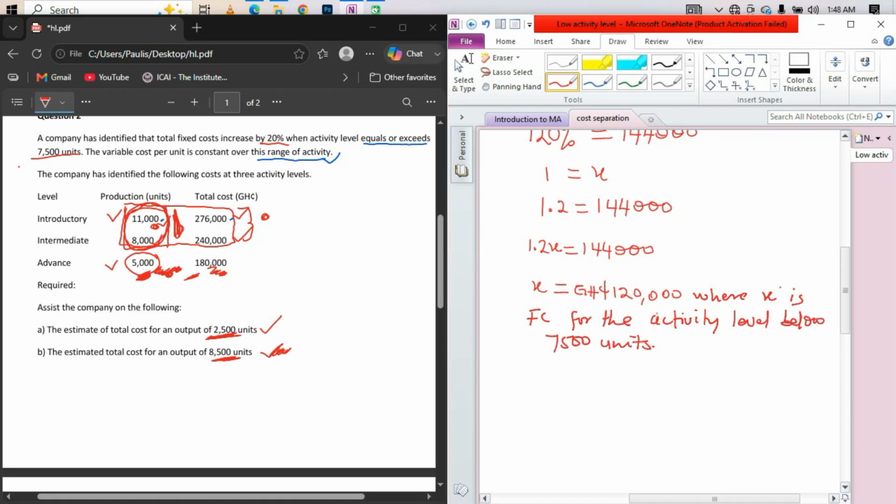Yeah, so this is the fixed cost when we are producing below 7,500, and this is the fixed cost when we are producing above 7,500. So let's just increase the 120 by 20% and see whether we are going to get there.